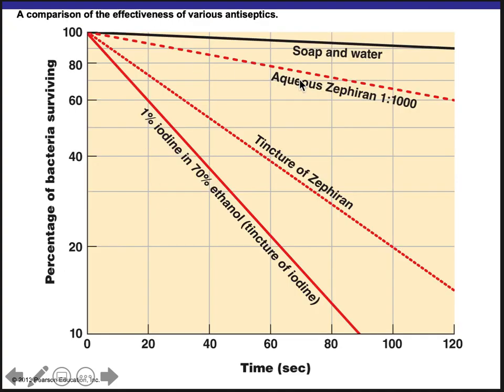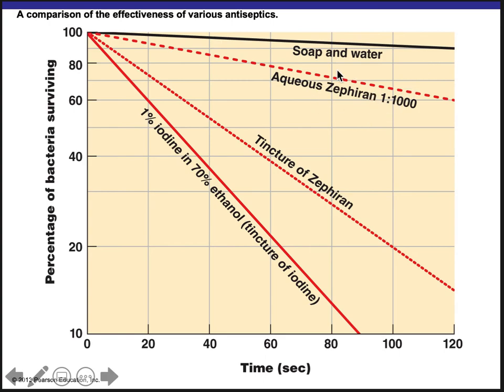Okay, so this is the graph I was actually thinking of earlier. You can see soap is not really killing bacteria, although it can disrupt the plasma membrane. Over time, you can start to kill some, but you're going to be left with a very large amount of the bacteria after soap and water.